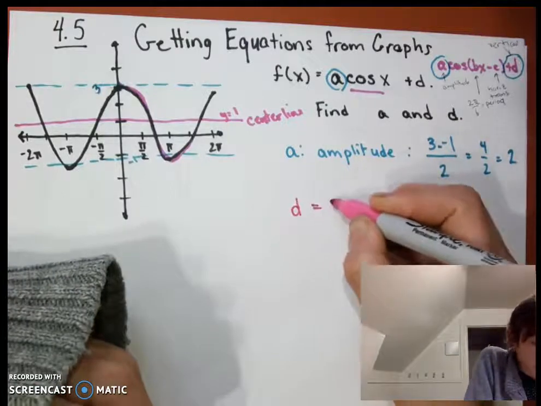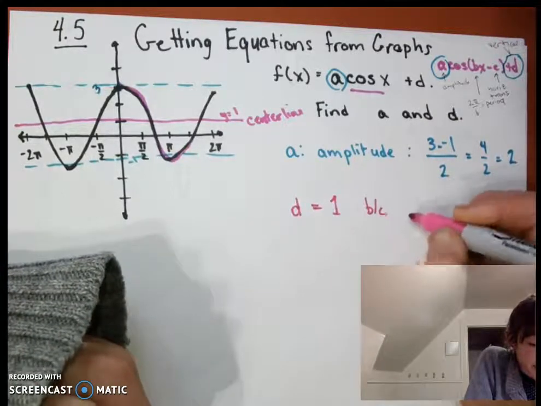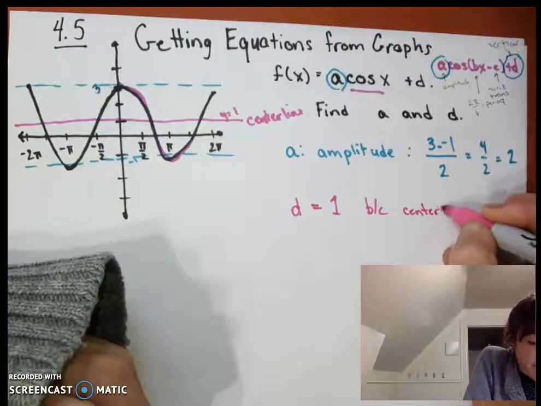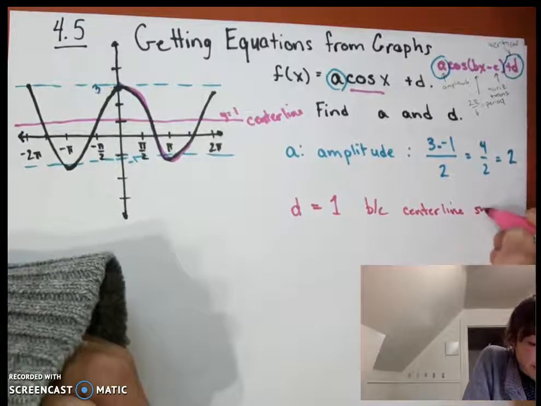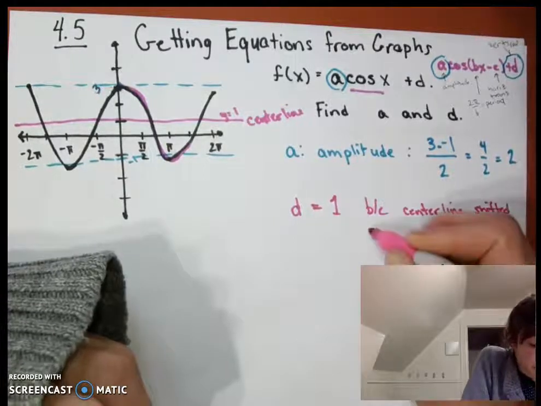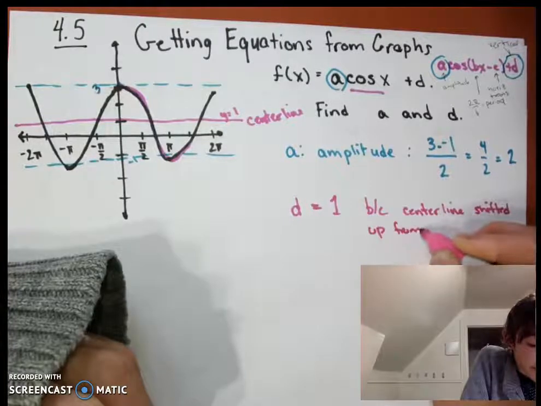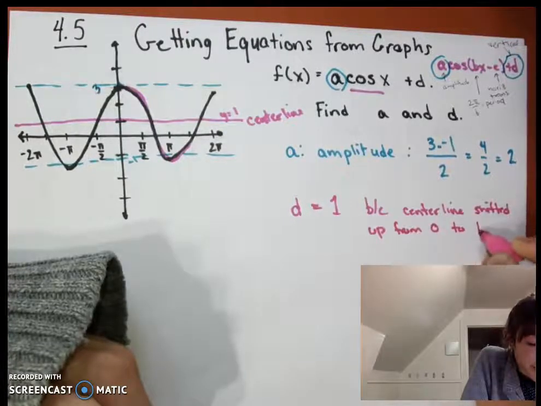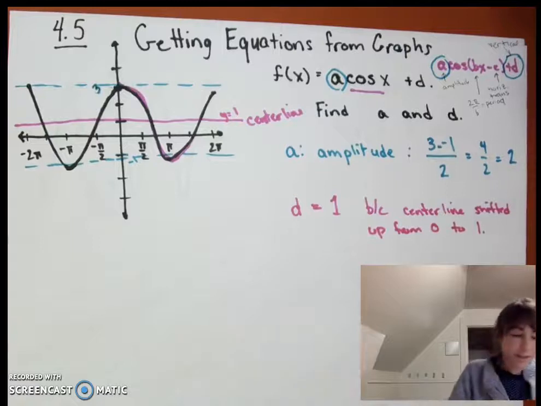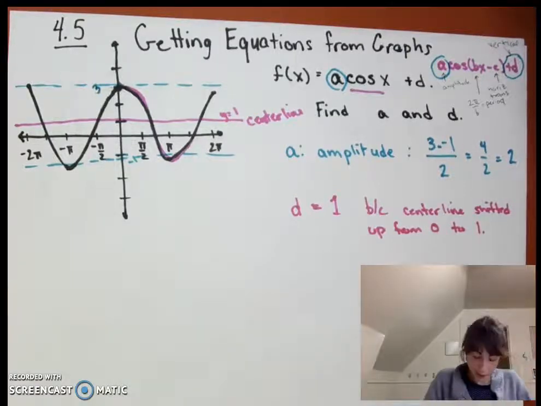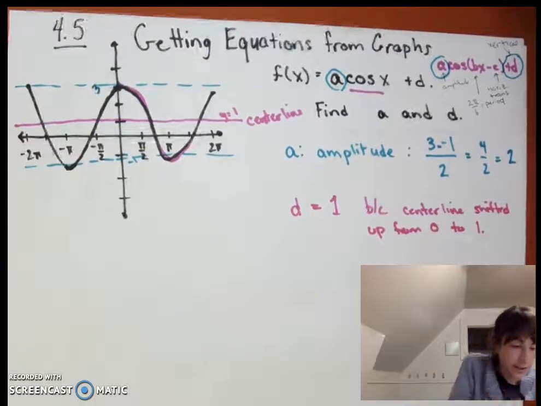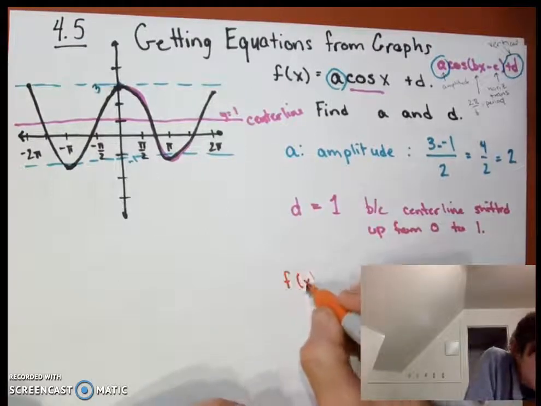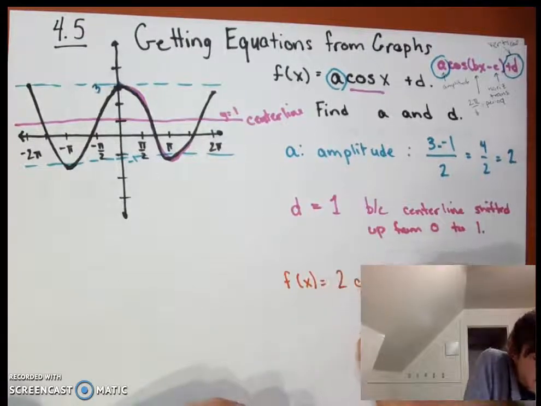So d equals 1 because the center line shifted up from 0 to 1. So that means our final equation is f of x equals 2 cosine x plus 1.